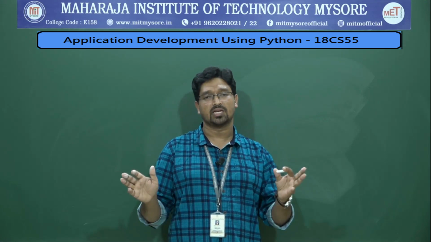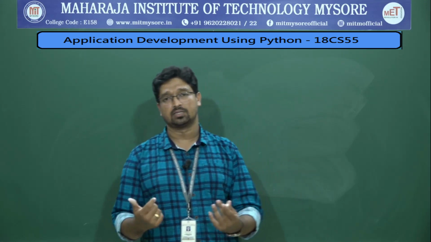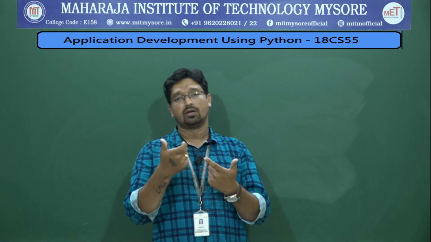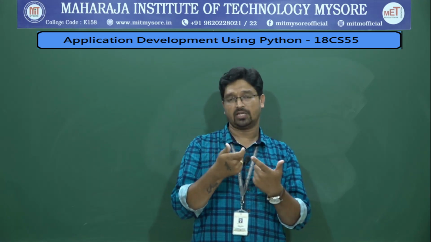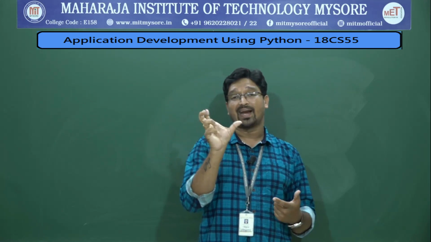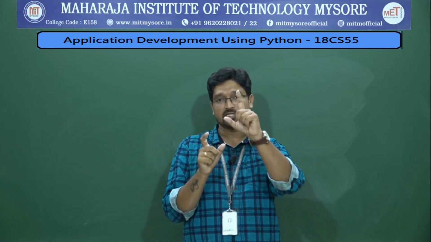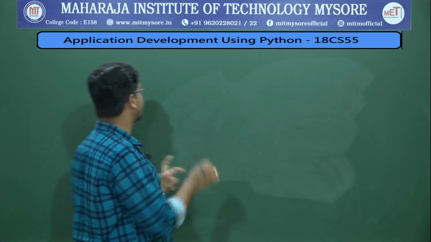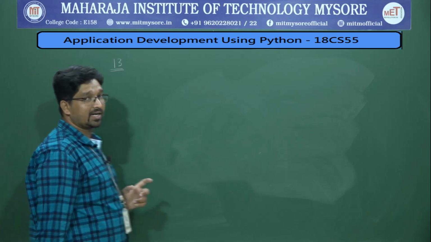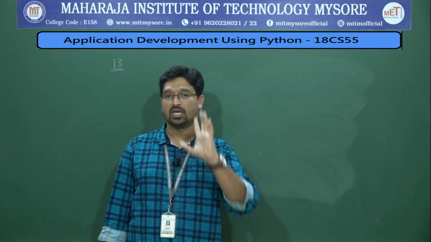I consider everything as a character. 10 digits, and the 91 prefix, plus the plus symbol. Totally there are 13 characters. The first valid condition is that your mobile number should be of 13 characters.